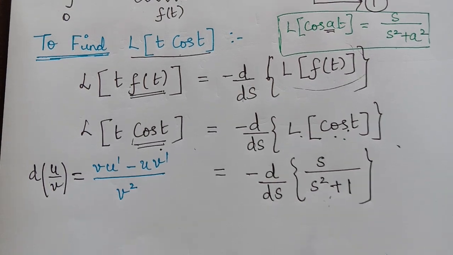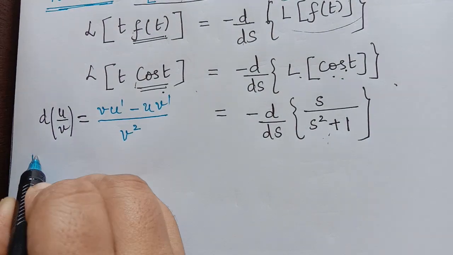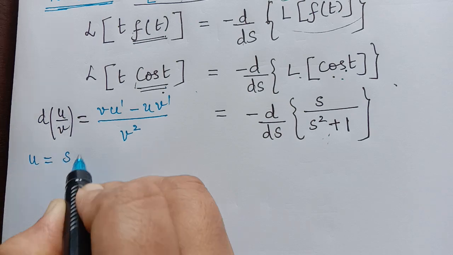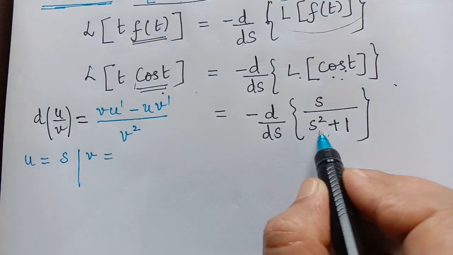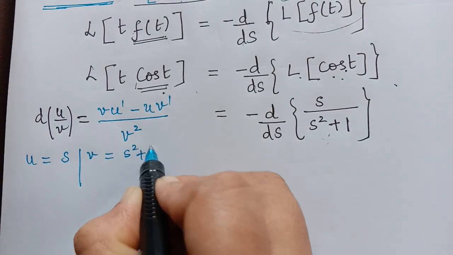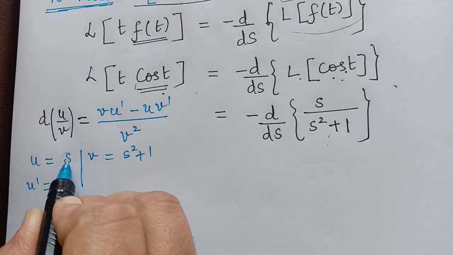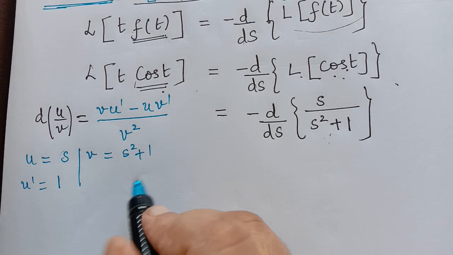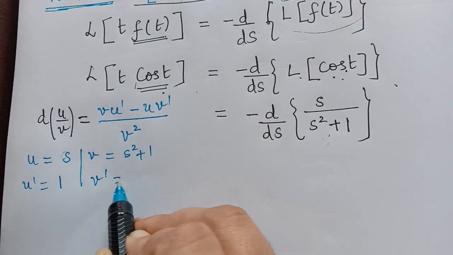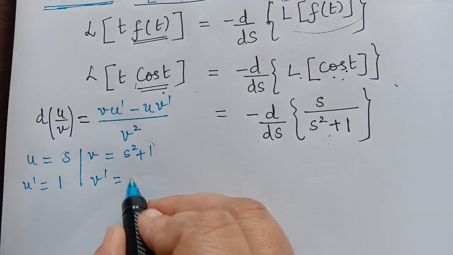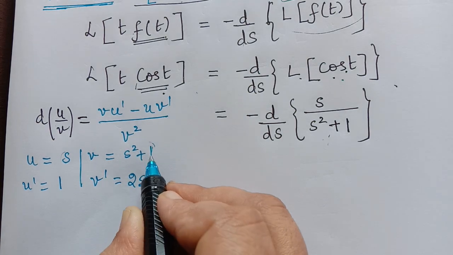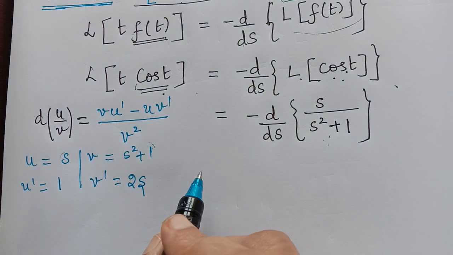In place of u we have s, and in place of v we have s square plus 1, so u dash will be 1, the differentiation of s with respect to s, and v dash will be 2s, as 1 is a constant and becomes 0 when differentiated.